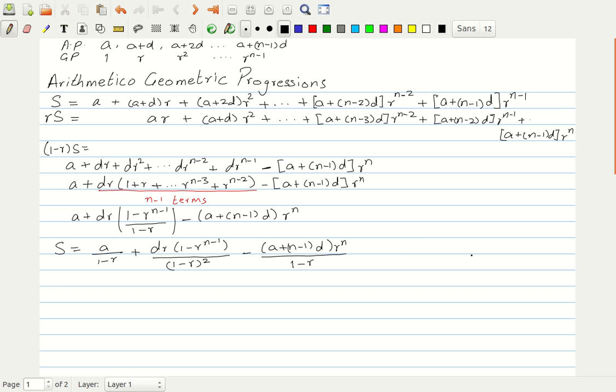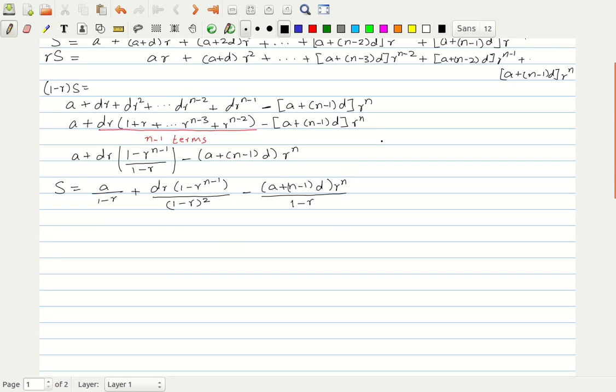Now, let us consider what happens when the absolute value of r is less than 1. What happens in that case?